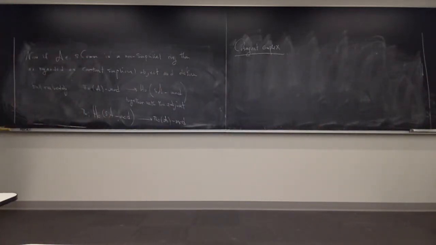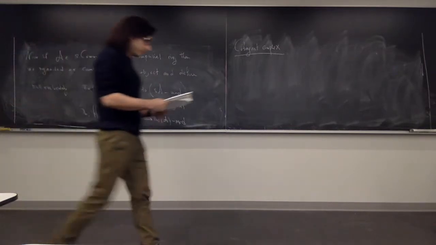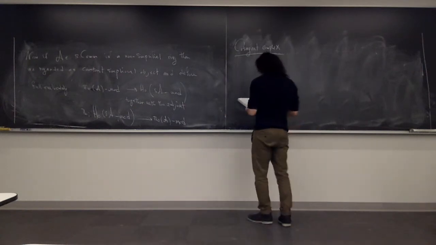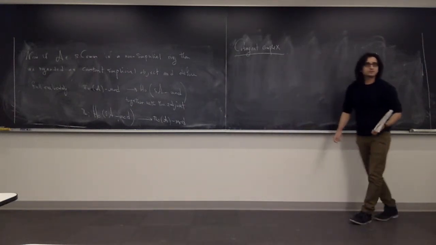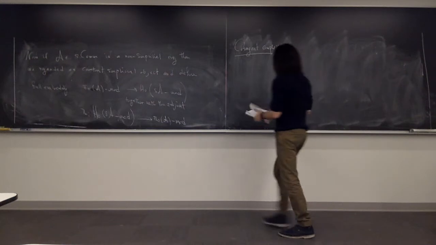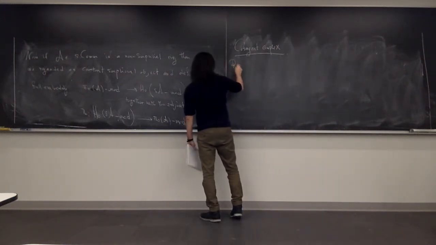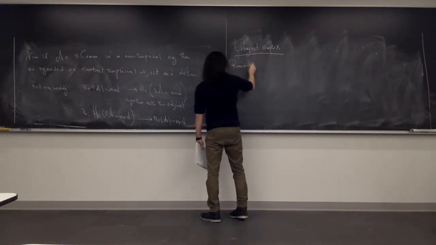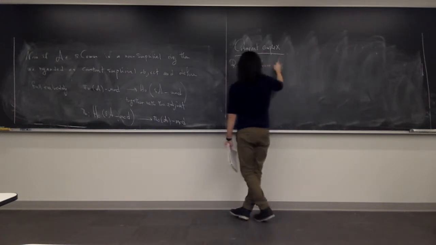But let me remind you of Hartshorne because it makes it easier to understand. Let me remind you of the construction of the sheaf of relative differentials. So, a reminder from algebraic geometry.